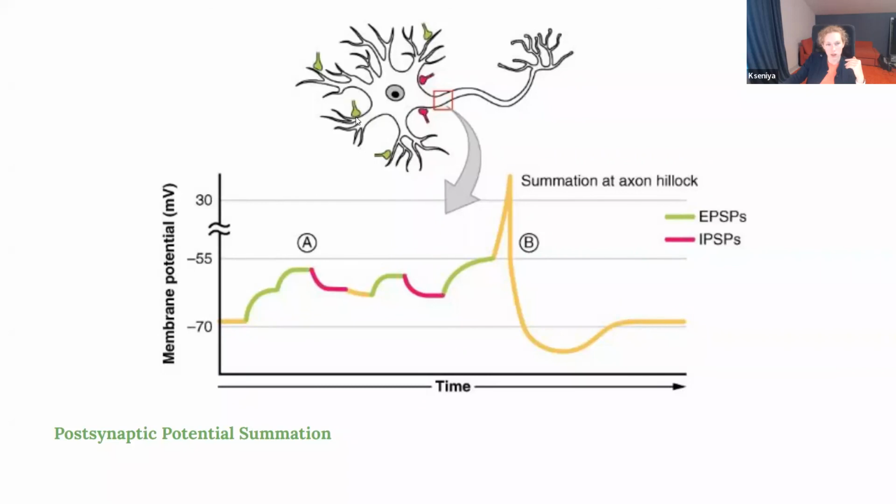Here you have green synapses of excitatory cells, maybe glutamatergic cells, and red synapses of maybe GABA cells from some inhibitory cell. In the soma, or axon hillock, we sum all these EPSPs and IPSPs. And only when we reach a threshold after the summation do we get the action potential of our postsynaptic neuron.